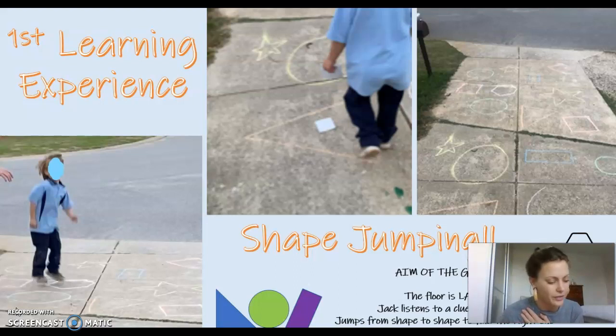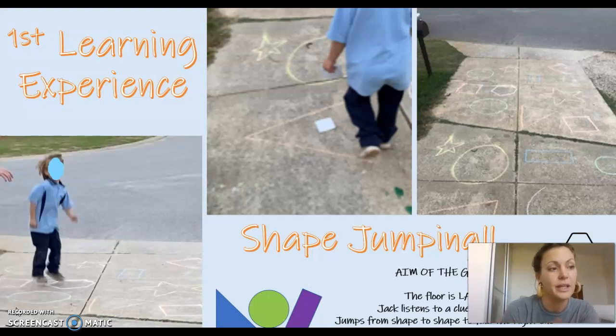And I wanted Jack to revisit the concept from our first experience where we were comparing a rectangle and a square. So I had little prompting cards, and he was standing on top of the rectangle, and I asked him to tell me if he noticed that there was anything different between the square and the rectangle.